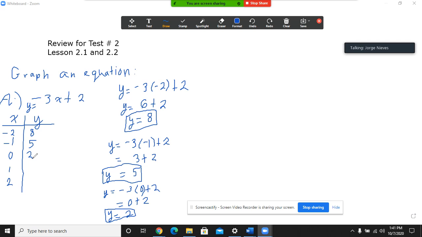Now we're going to go with the positives. It's going to be negative 3 times 1 plus 2. So it's negative 3 plus 2. ¿Y cuánto da eso?